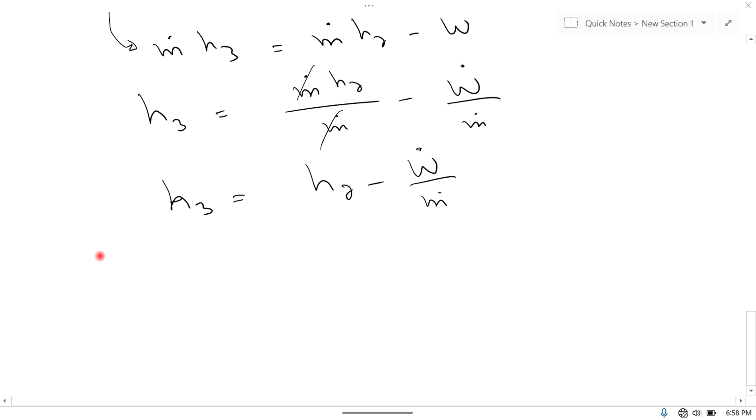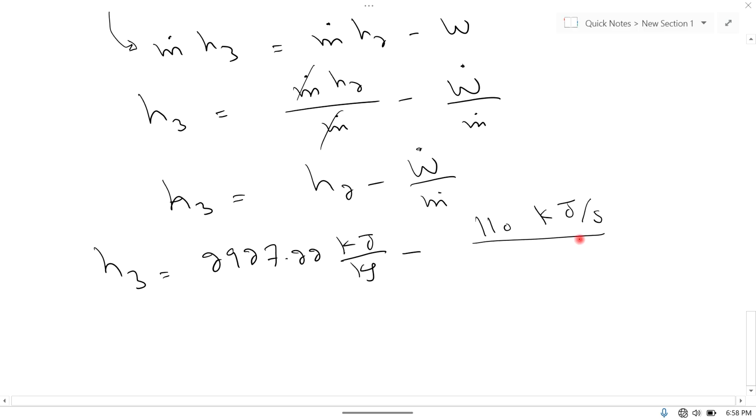Now put the values here. H1 and H2 are the same, so H2 is equal to 2927.22 kilojoule per kg, minus W dot, which is given to us as 110 kilowatt, and watt is equal to joule per second. m dot is given to us as 0.25 kilogram per second. So this second will be cancelled with second.